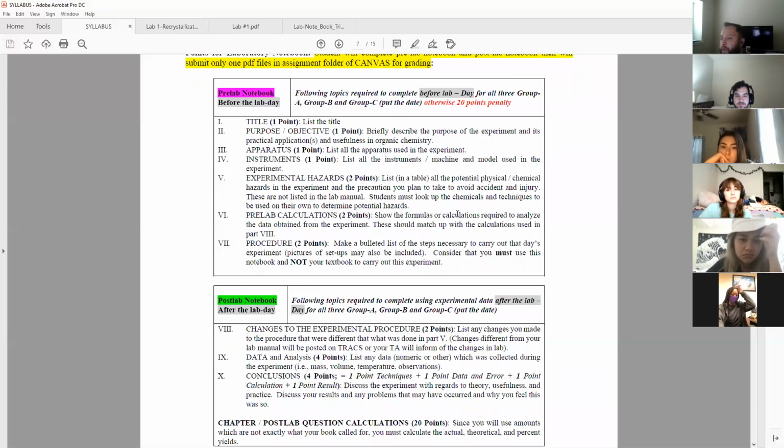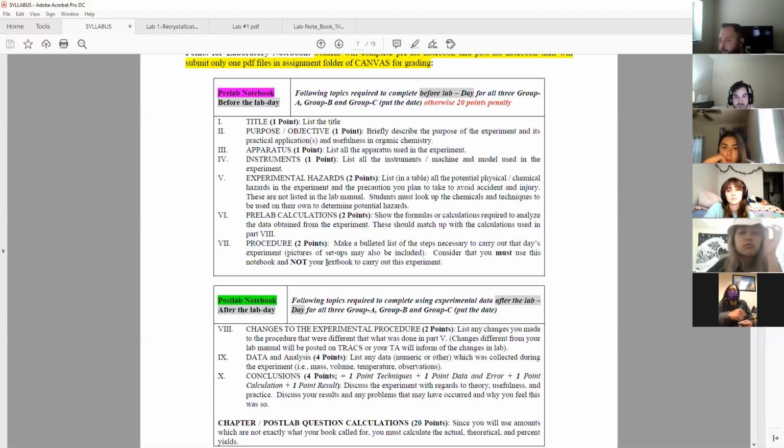And then there'll be some pre-lab calculations, like theoretical yield, limiting reactant as you go on and stuff like that, which I believe you should know how to do already. I think you learned that in OChem or in Chem 2, but if we need to do a refresher, we can.